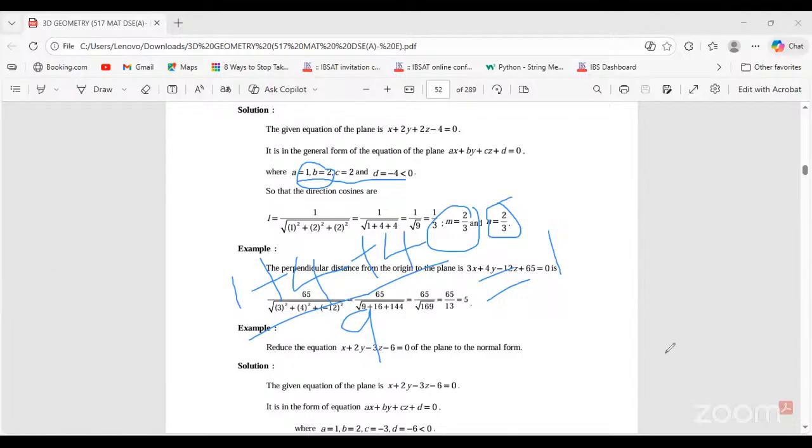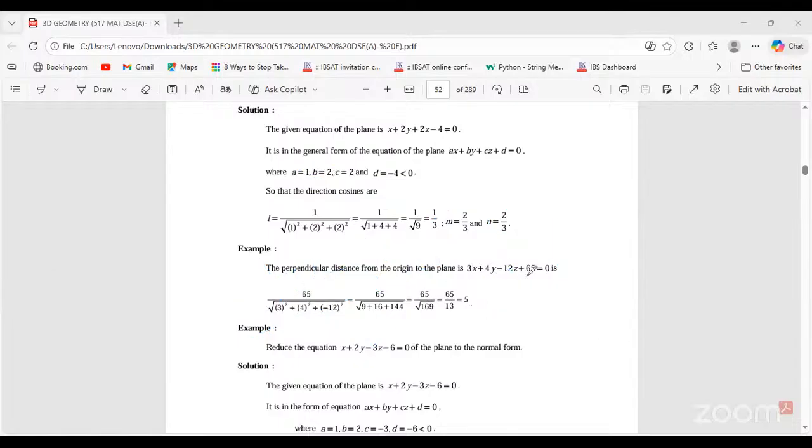Okay, next example: we have to find the perpendicular distance from the origin to the plane, which is d by under root of a square plus b square plus c square. Here a is the coefficient of x, which is 3, b is the coefficient of y, which is 4, c is the coefficient of z, which is minus 12, and d value is 65.